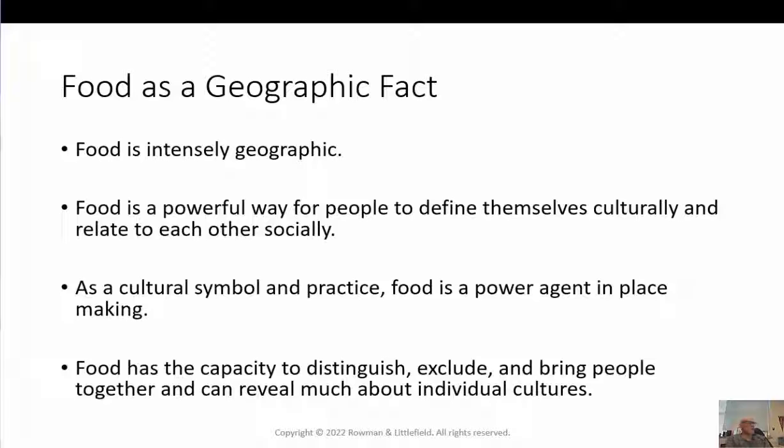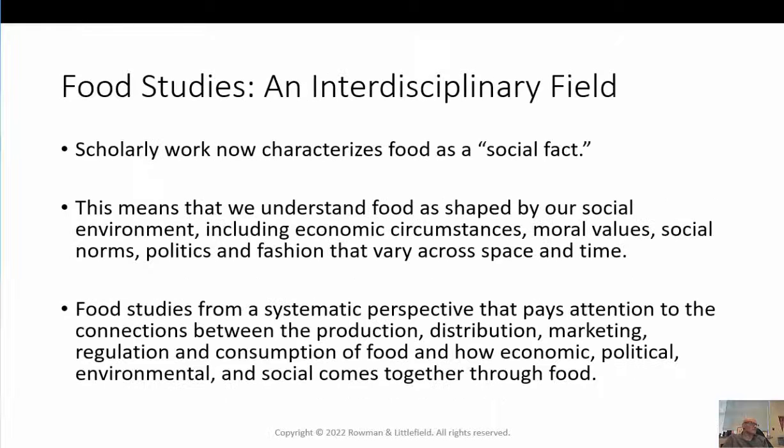And it's powerful why we identify ourselves culturally and relate to each other socially, and it's a cultural symbol of practice, and food is a powerful agent in placemaking. It has the ability to distinguish, exclude, and bring people together and reveal much about individual cultures.